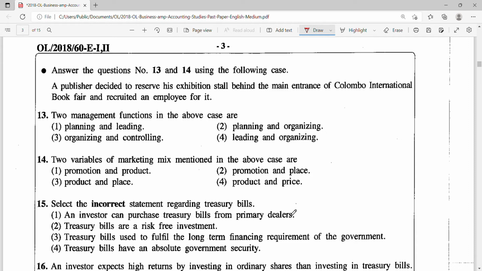Now, you know there are 4 management functions: planning, organizing, leading and controlling. Planning is where you strategize, you set your goals, you set your way to achieve it. Organizing is where, to achieve the plan set, you find the resources you need and arrange them accordingly.